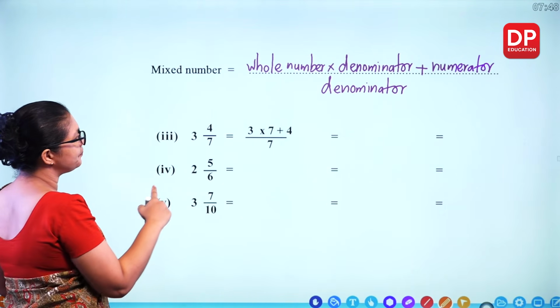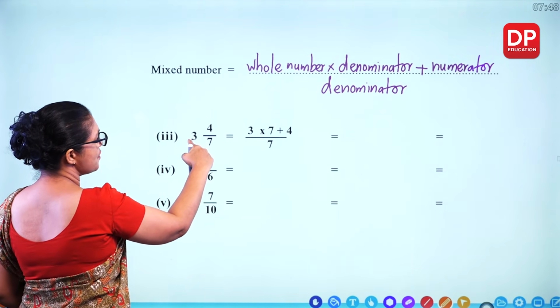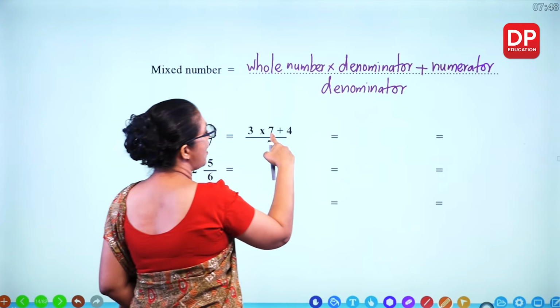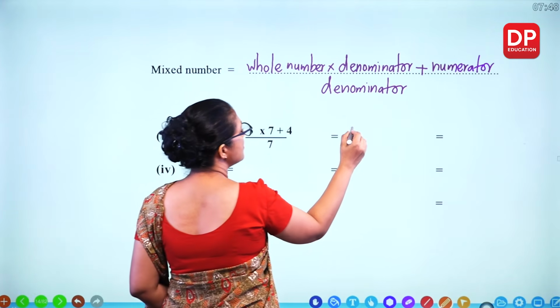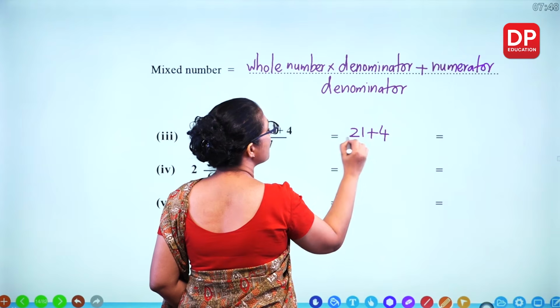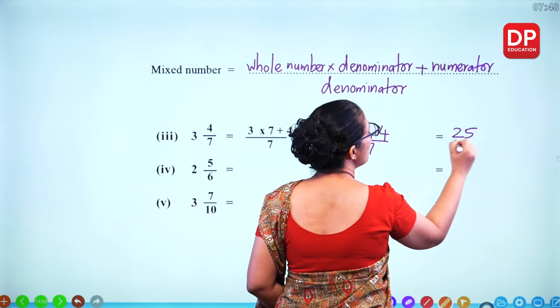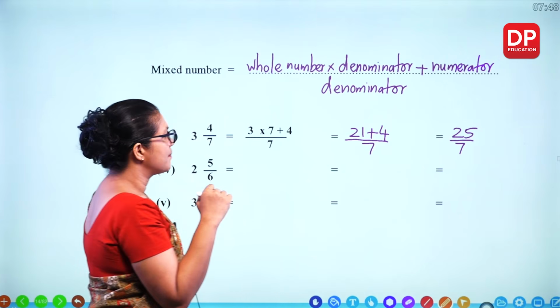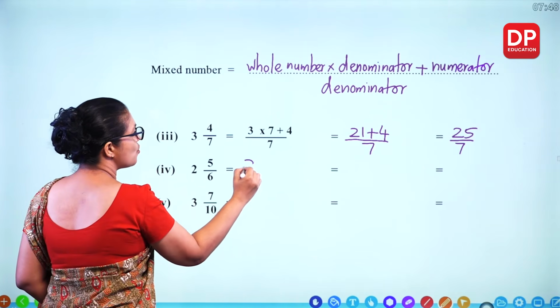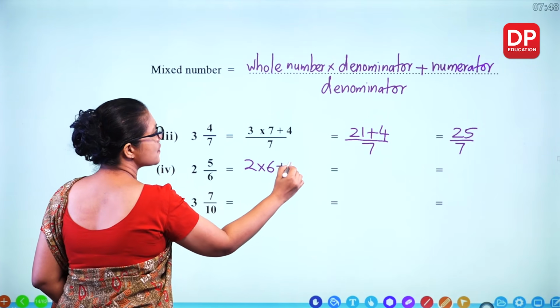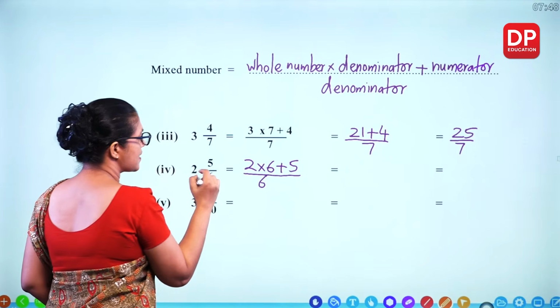Now take this one. 7 times 3 plus 4. 21. 21 plus 4 divided by 7. What's the answer? 25 over 7. This one, 2 times 6 plus 5 divided by 6.